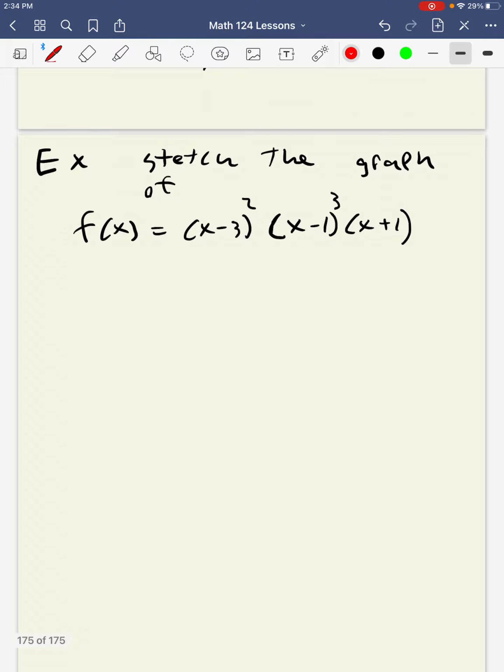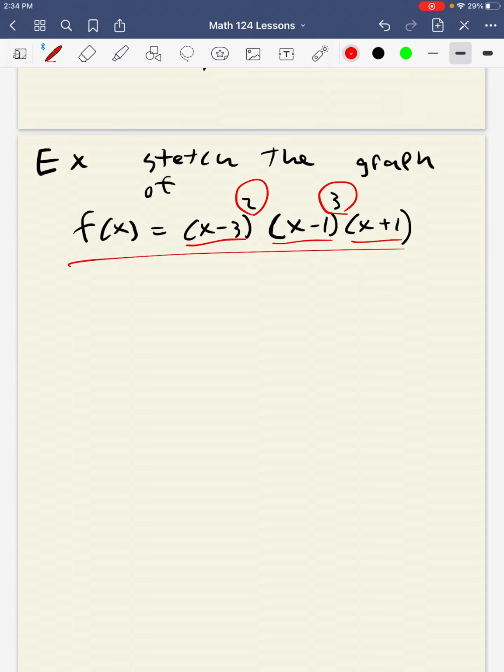that's a really convenient fact, because now we could even do a rough sketch of a really complicated graph like this. Here it's factored for us, but just by studying these multiplicities, we could do a rough sketch of the graph. We have to do it in the following way. First, let's think about what the leading term would be.